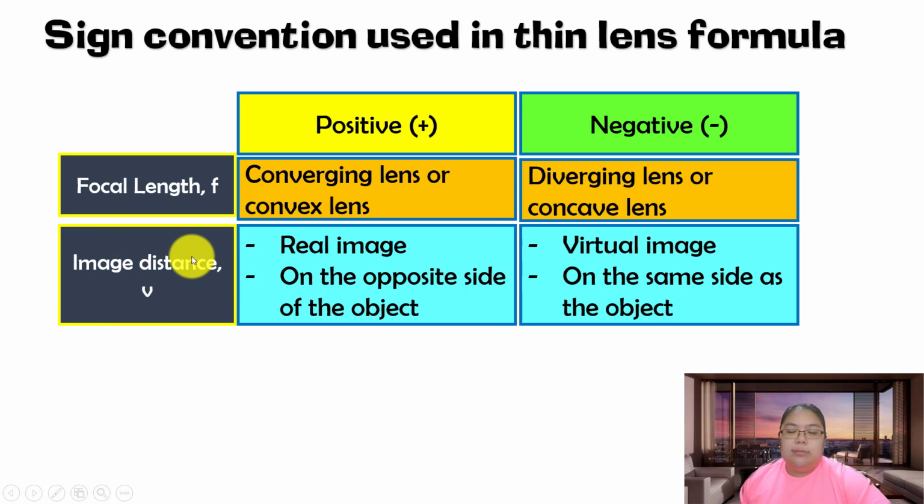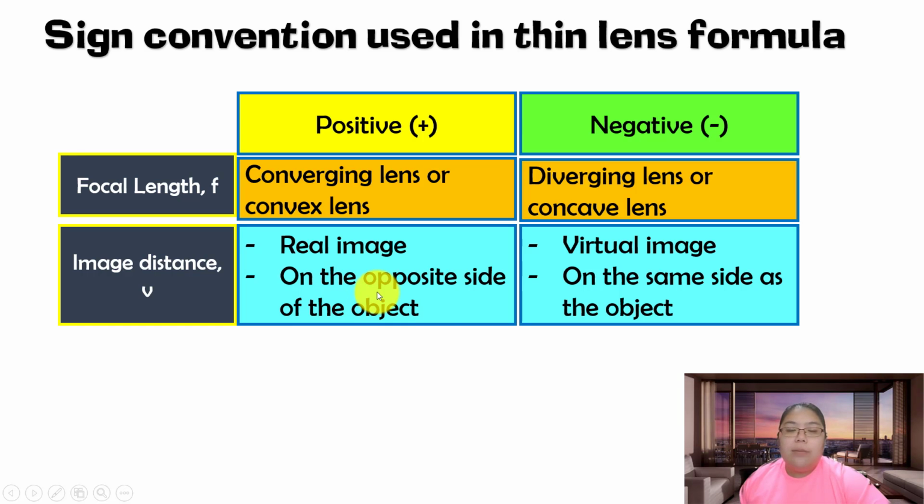Image distance. For a real image, the image distance is positive, because a convex lens can give positive or negative. When you get a real image, the answer is positive, on the opposite side of the object. So if the object is on the left, your image must be on the right hand side.